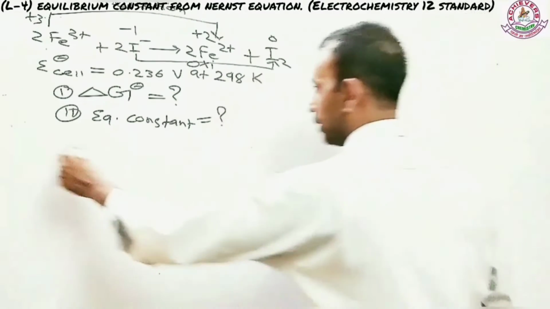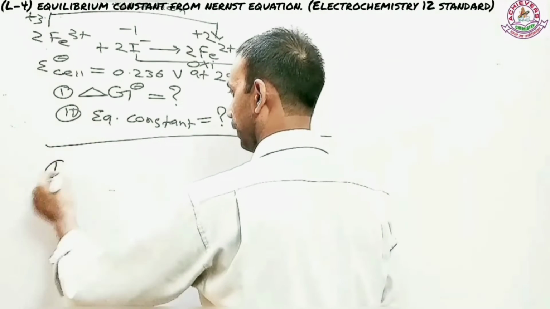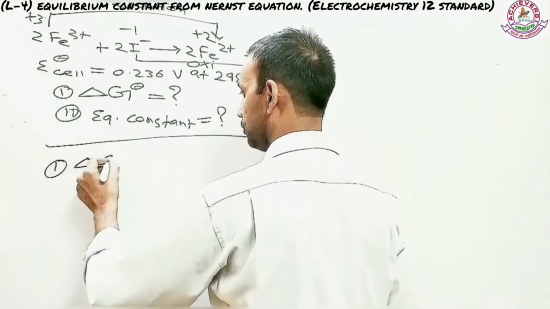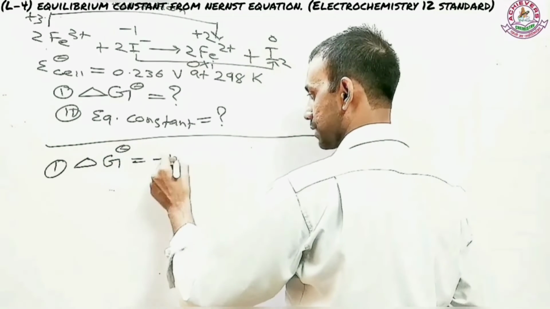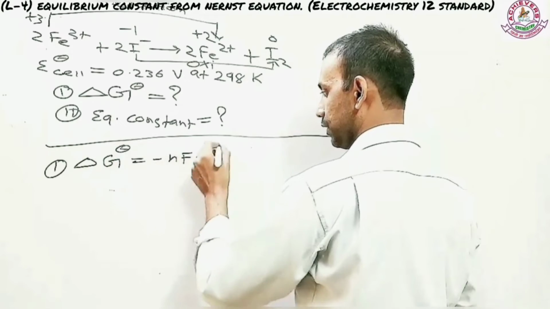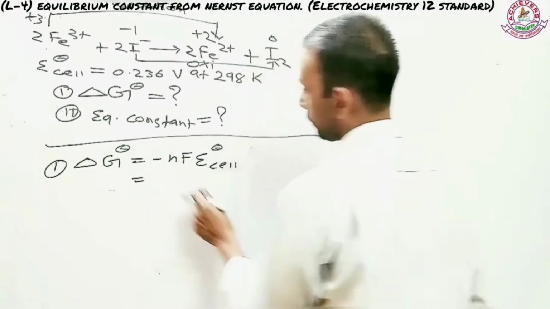Let's find out the solution for that. The first thing we have to find out is delta G. The formula was minus nF E naught cell. Let's first start with n.